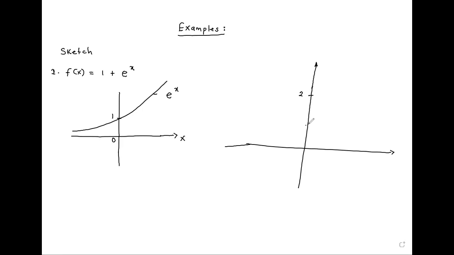It's going to be 1. And so the asymptote now has become 1. This is the graph f of x is equal to 1 plus e to the power x.